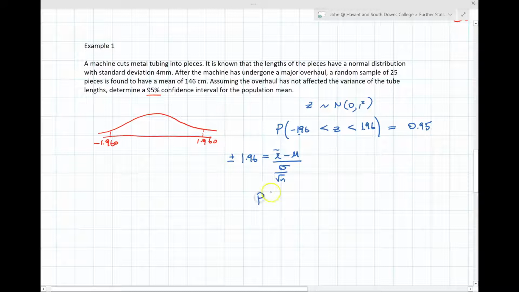So we have P of minus 1.96 less than Z, which is equal to x bar, and we're told that x bar is 146, minus the mean, which is what we're trying to find the confidence interval for, divided by the standard deviation, which is 4, over the square root of the sample size, 25. All I've done is rewrite this with the transformation in.